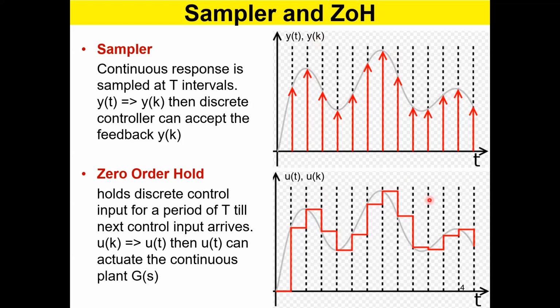Then the other graph right below that is the zero-order hold. What is that? Let's say you have u(t). So this is u(t) in your continuous time controller, right? So nobody is calculating these values and putting them there, because the op-amp based controller will change the signals as the input signals change, almost immediately.